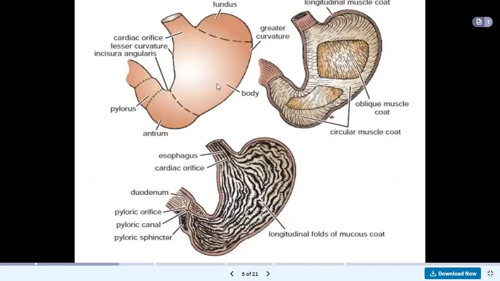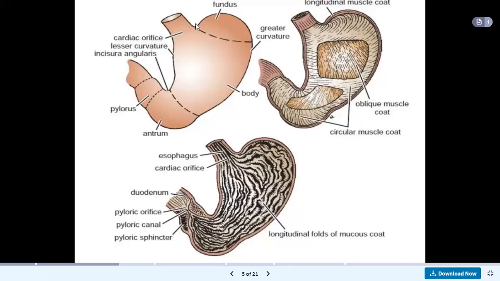So here, you would see this fundus up here, and then you see the cardiac orifice, and then this is the lesser curvature, and this is the greater curvature. So we said that the fundus is the upper part, and it is dome-shaped here. It is to the left of the cardiac orifice. So this is the cardiac orifice, and to the left side of it, you find your fundus.